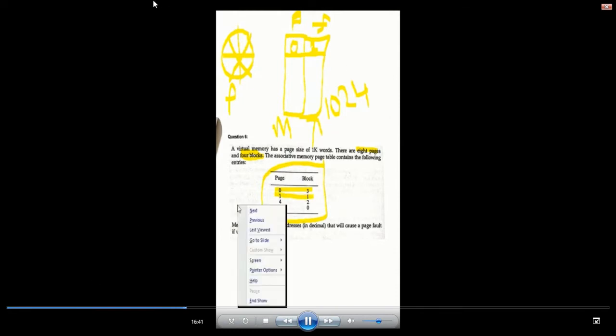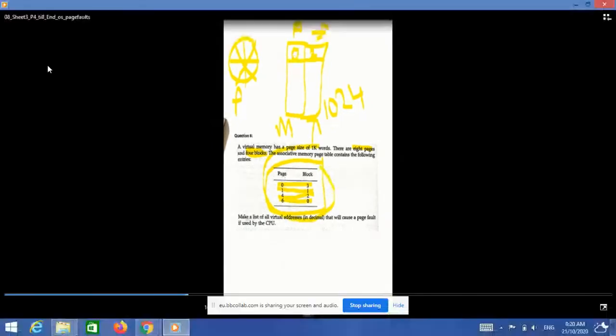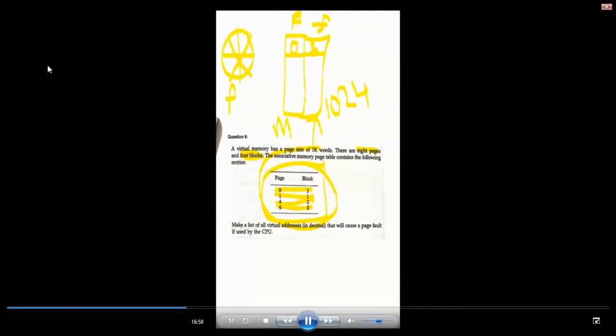Similarly, page 4 is present in the second block, and page 6 is present in the third block. So now he is asking, this is already given, that only these pages are there in main memory. Okay. So total pages are how many?